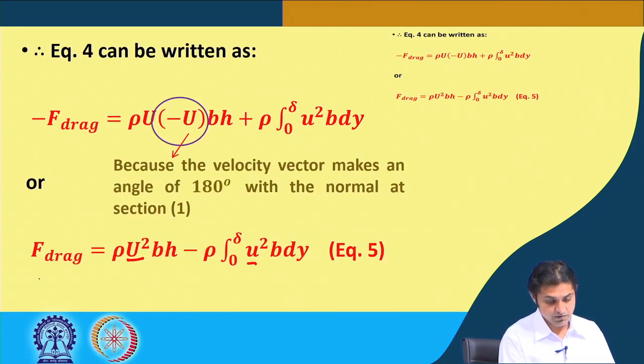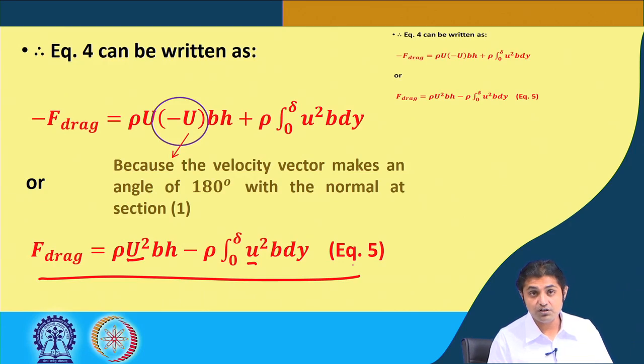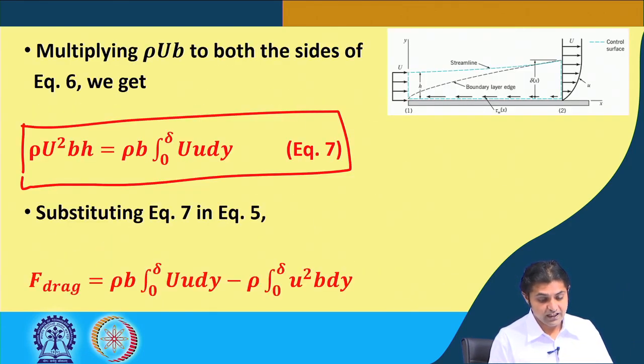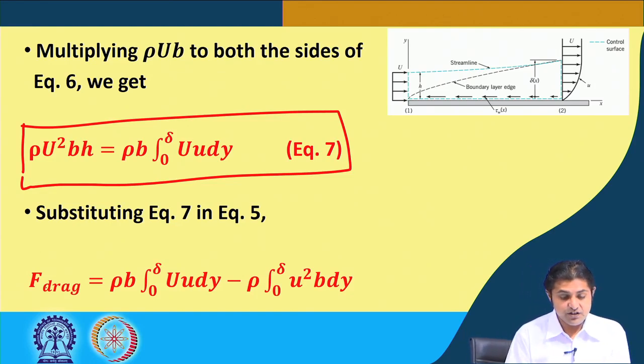So this was equation number 5 with the drag force equation. What we get is F drag equal to rho b integral. The idea was to substitute the first term in equation number 5 by this. So it will be written as rho b integral 0 to delta capital U small u dy, and this was already there in equation number 5.